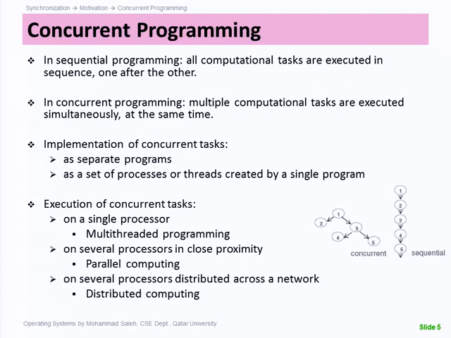Now this kind of concurrency can be logical concurrency, in which you use threads and you are not sure whether these threads will run on physically independent CPUs, or run on one CPU with some kind of time sharing. With a single processor, that's multi-threaded programming, and threads will take turns.